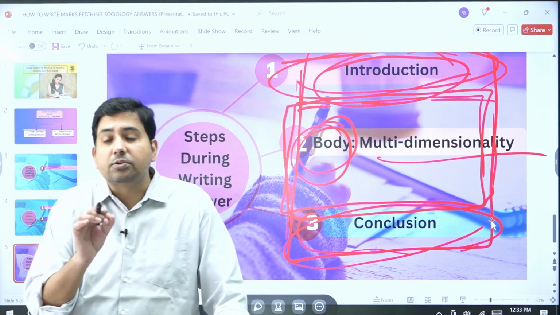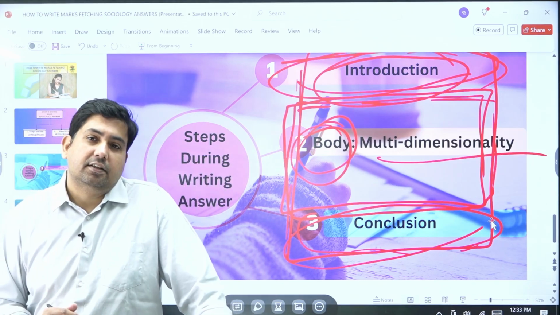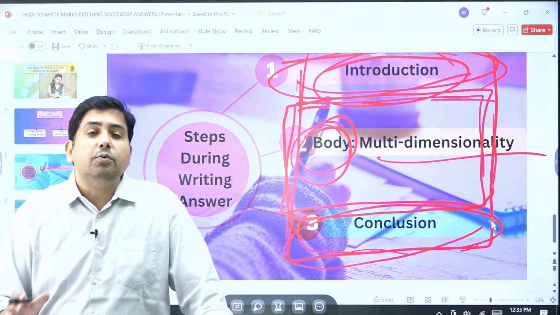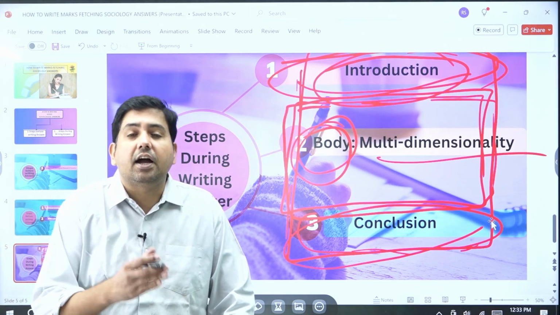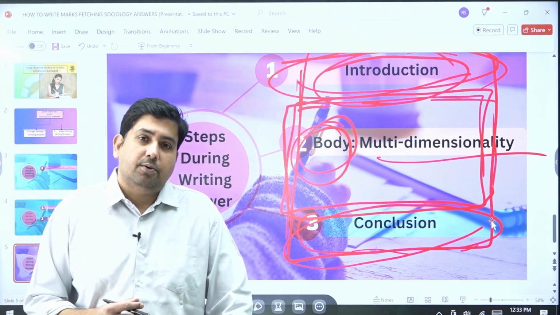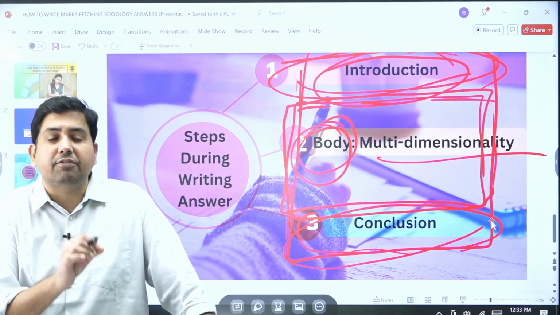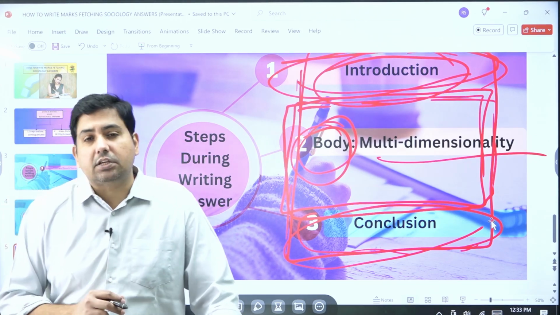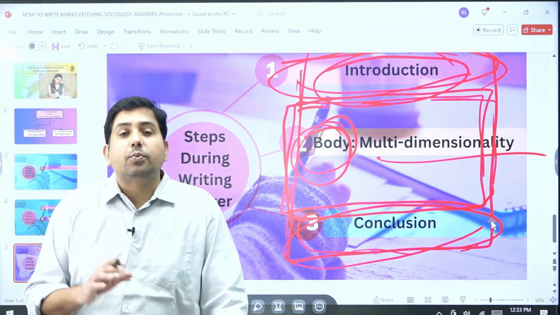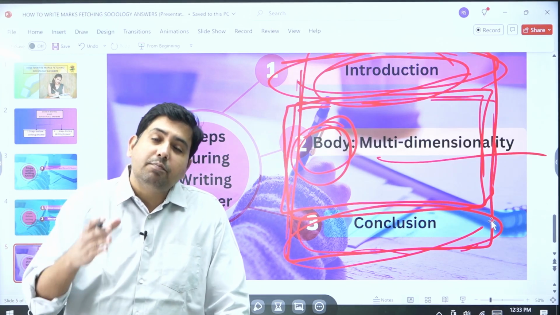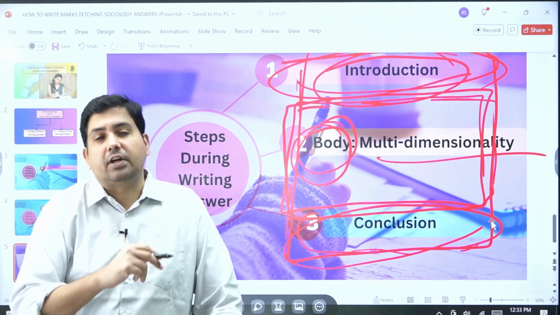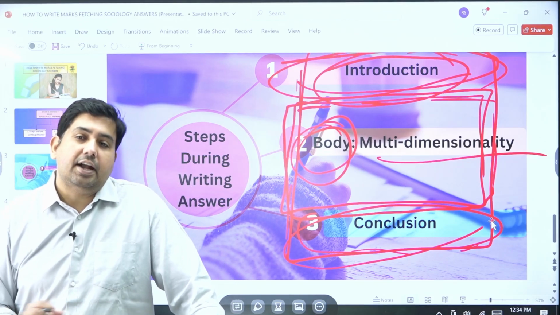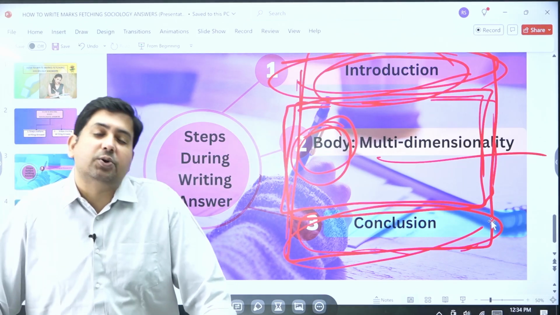These are your sociological topics mentioned in the syllabus. So if you collect recent data, recent trends on these issues from your current affairs study and mention them in your answer, what will it do? It will have a positive impact on your answer. It will give authenticity and heavy weightage to your answer.